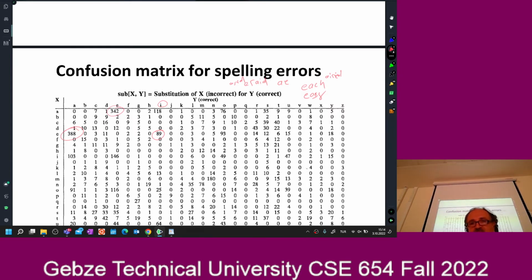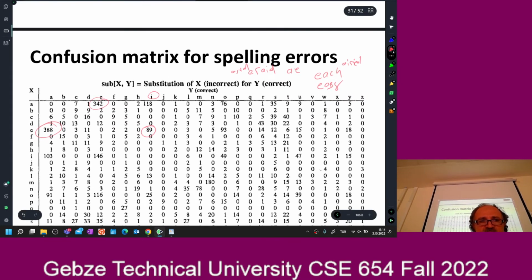Because people are making those mistakes, okay? It is very seldom that people make the mistake of pressing the button X instead of A, right? It is 0. So its substitution cost may be higher, right?